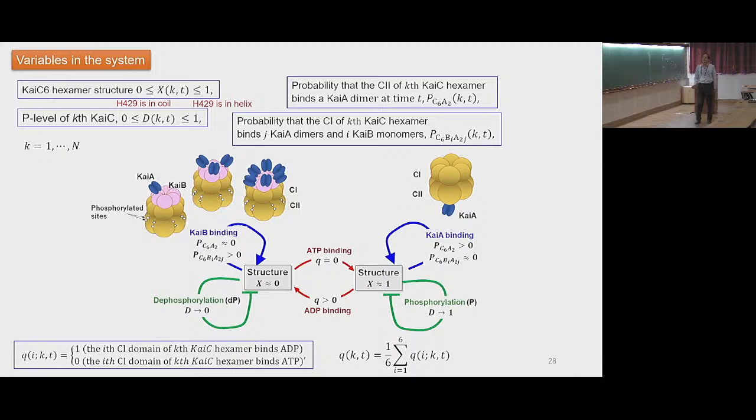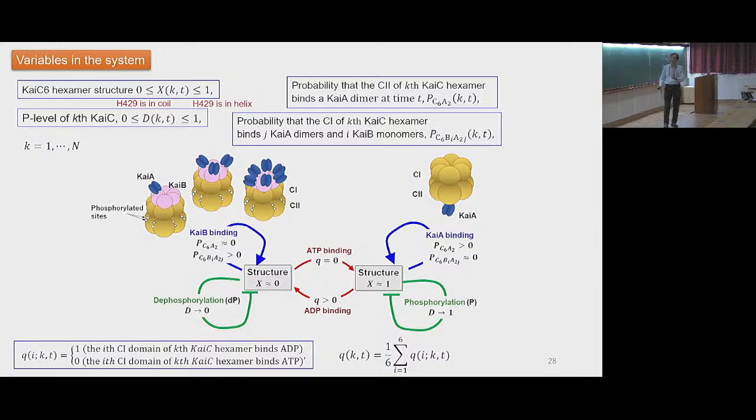In a similar way, we assume that KaiB binds more when X equals 0 and unbinds when X equals 1. And we treated Q as a stochastic variable. When Q turns from 1 to 0 in the X equals 0 state, then that X equals 0 structure is destabilized and kicked toward the X equals 1 structure.